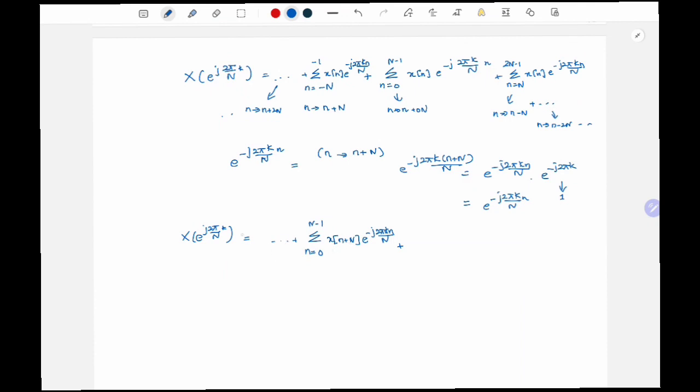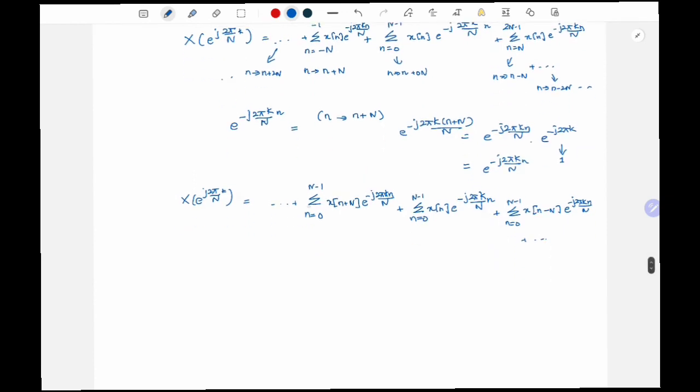I'll get x of n plus 2N on the next term and 3N and so on up to infinity, minus infinity. And here it will be summation n equal to 0 to N minus 1 x of n e power minus j 2 pi k by N, capital N into n. Similarly, the next term will be summation n equal to 0 to N minus 1, here x of n minus N e power minus j 2 pi k n by N and so on.